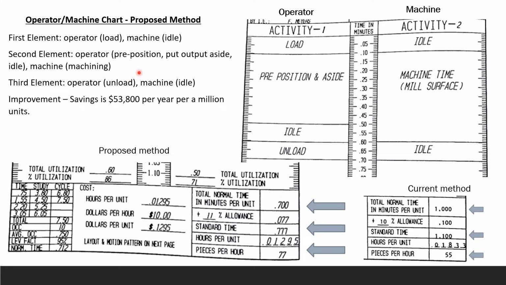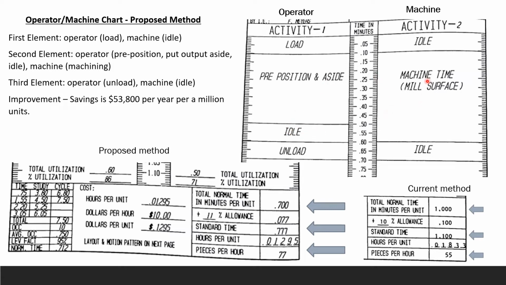The second chart is the same thing, but here is your proposed method. This is not current, it's just a proposal. What you're proposing is, instead of doing like in the current method, we're going to have first, second, and third work elements. In the first, the operator is going to load and your machine is going to be idle. Second, your operator is doing a pre-position and putting the output aside, and then the operator goes idle.